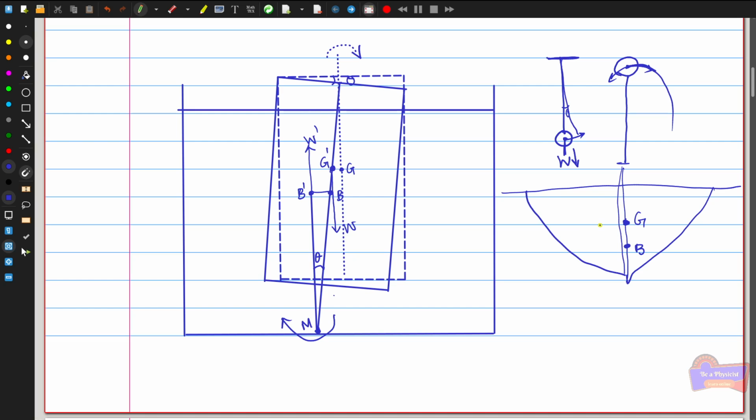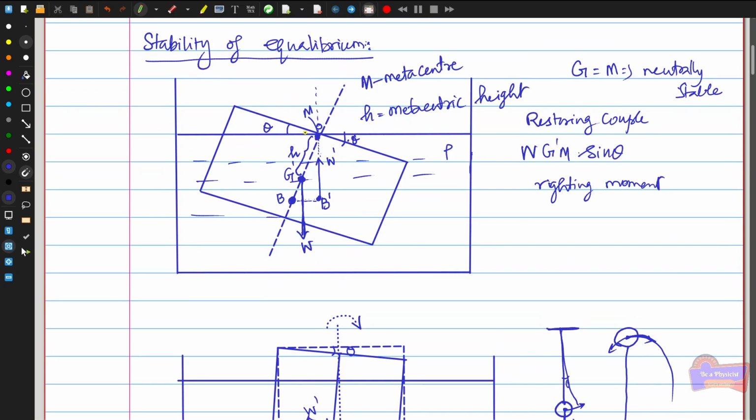However, suppose the ship is rolling or tilted in one direction with an angle theta, as in this case. Suppose we consider this is a ship, and it is tilted with some angle theta. Therefore the plane of symmetry is no longer vertical, and although this rolling and tilting does not alter the center of gravity with respect to the ship, the buoyant force is shifted by some distance, which gives rise to the righting moment.